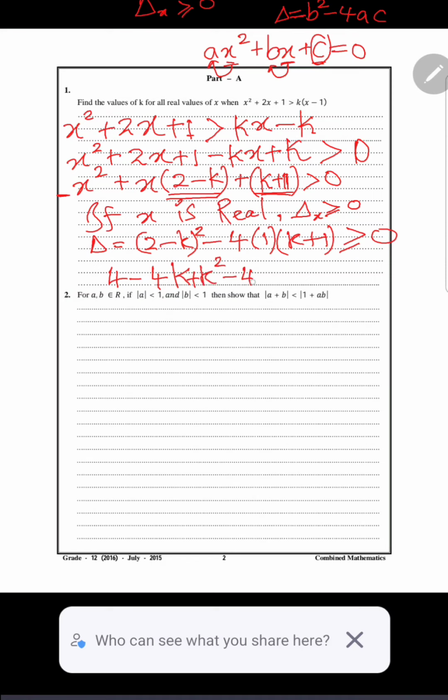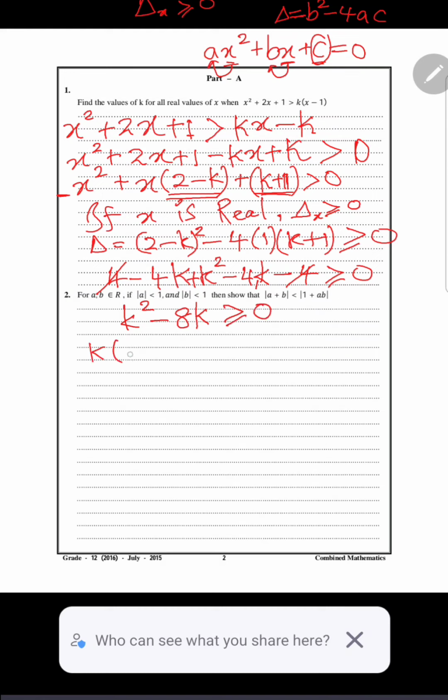Remove brackets, minus 4k, minus 4 into 1, minus 4. So plus 4 minus 4 get cancelled. Now the terms are k square minus 8k greater than or equal to 0.